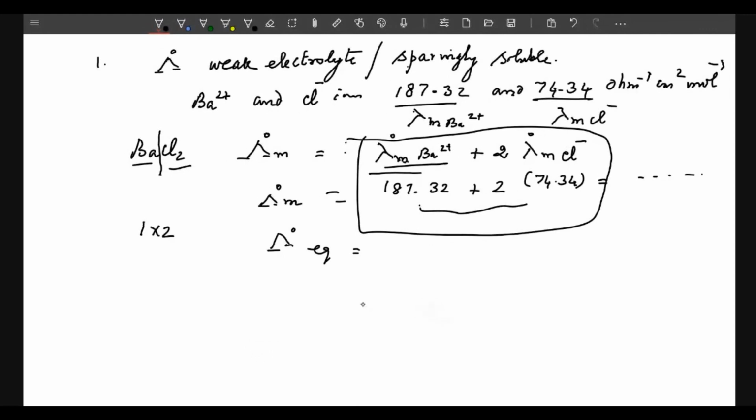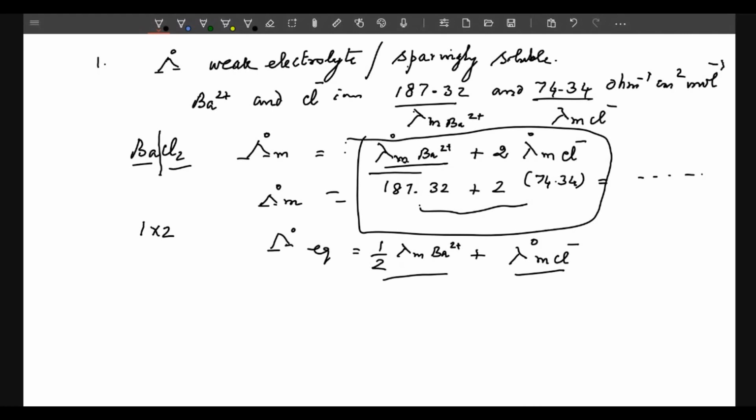Therefore, divide this by 2, you will get half lambda m of barium 2 plus. Divide the chloride by 1, you will get lambda m of the chloride. Therefore, if you sum up the lambda m of one chloride ion and the half lambda m of barium, you will get the equivalent conductance value. I think you understand the problem.